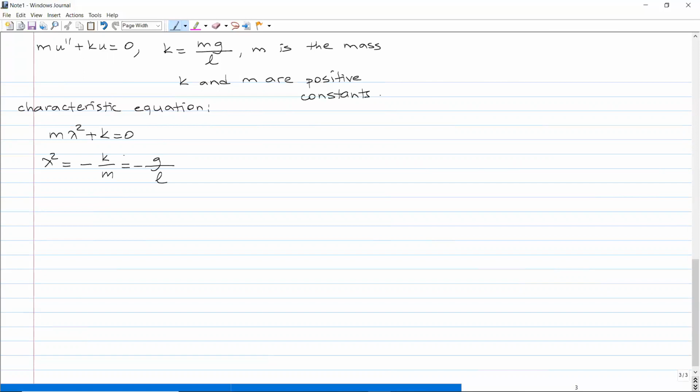So minus g over L is a negative constant. So lambda equals plus or minus i times square root of k over m. This number we denote by omega 0, the square root of k over m. This is called the natural frequency of the system.